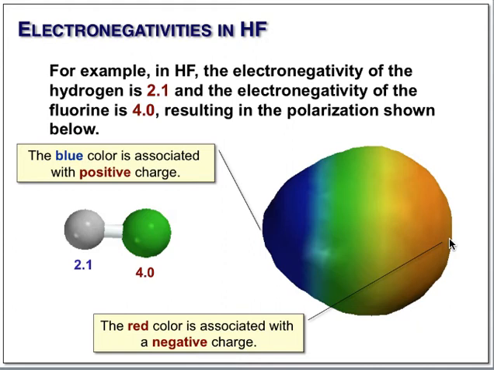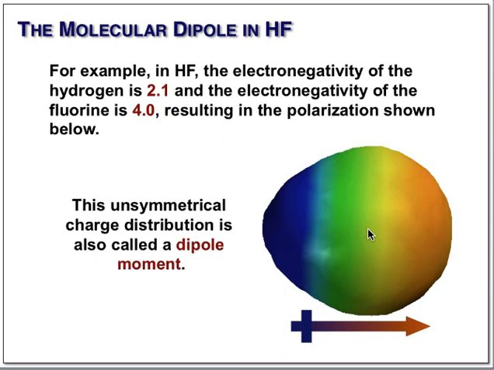Excess electrons are shown in red, and that's associated with a negative charge. That means that the HF covalent bond is polarized, and we show that with a dipole. Positive end down here, pointy end is the negative end where we have the electrons.